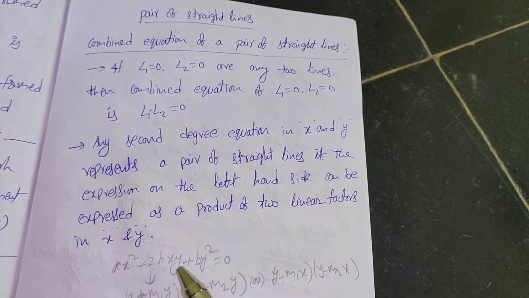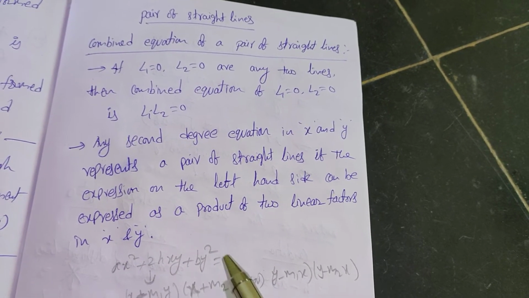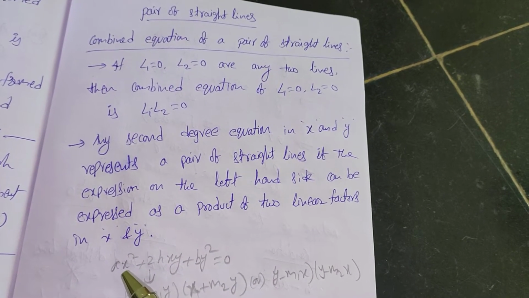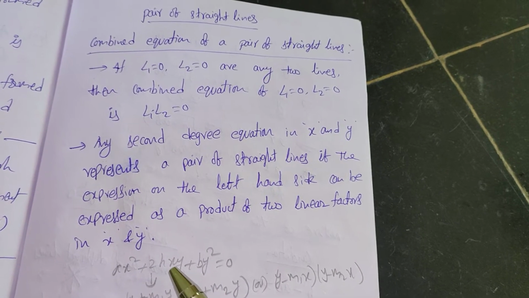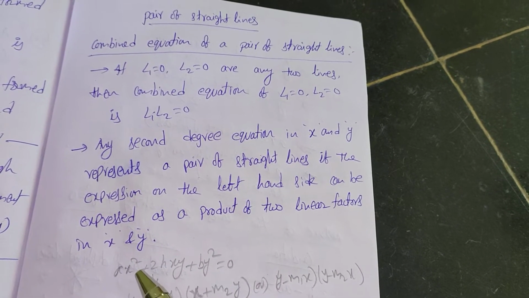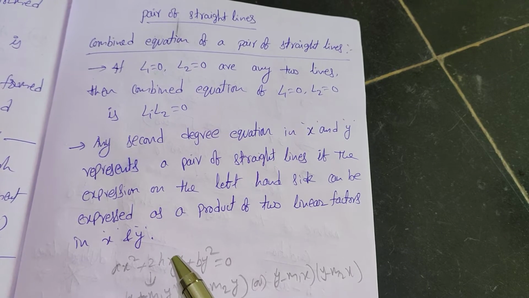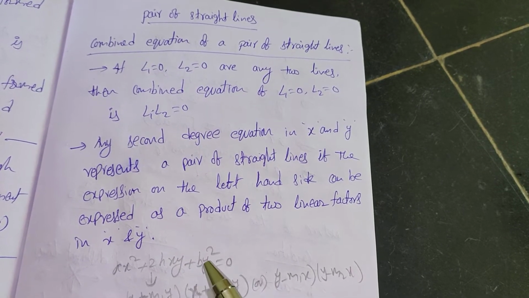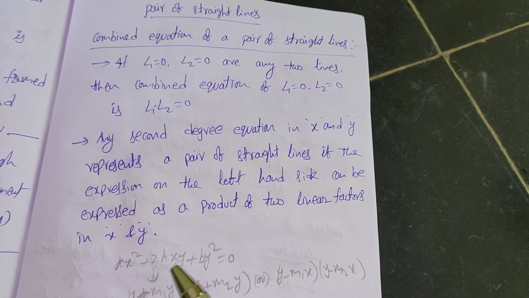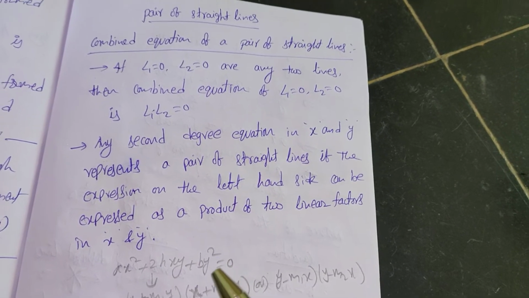So it is a second degree equation, but here it is a homogeneous equation. Homogeneous equation means for every term degrees are equal. So x degree 2, here xy, x degree 1, y degree 1, total 2, here 2. But that may be homogeneous, non-homogeneous also.